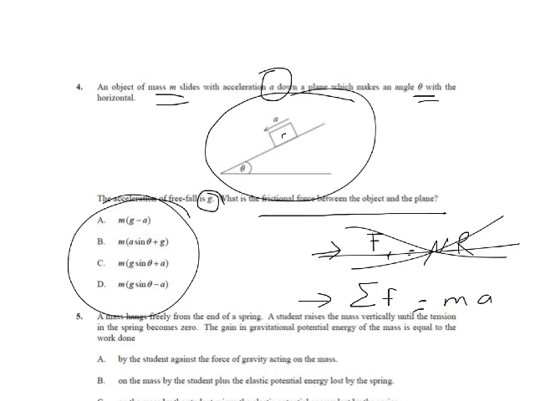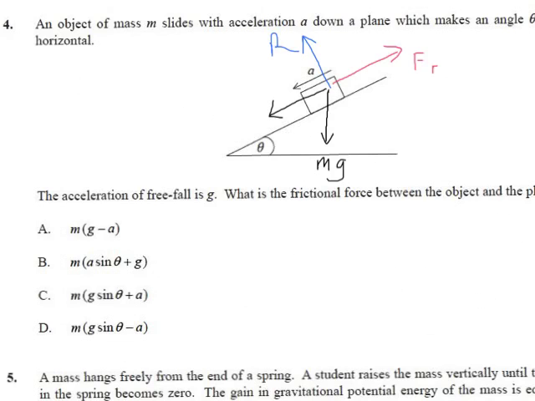So I'm going to clean this up and show you all the forces on here. This diagram shows you the forces acting on the object. We have mg, which is the weight of mass m. We have this arrow here, which shows us the direction of this weight down the slope.